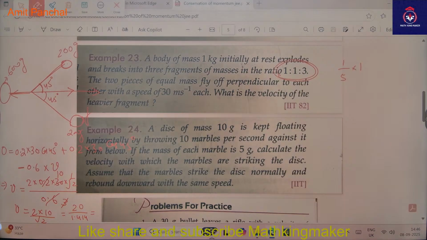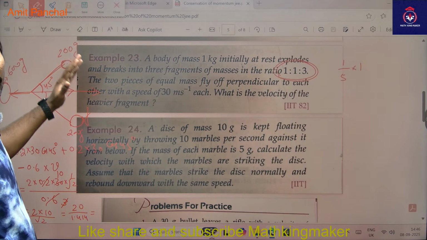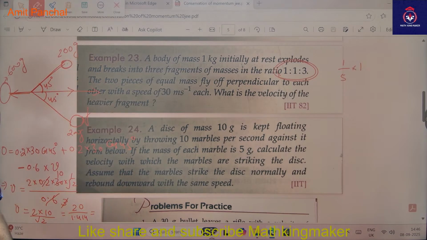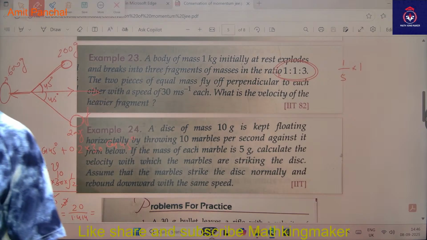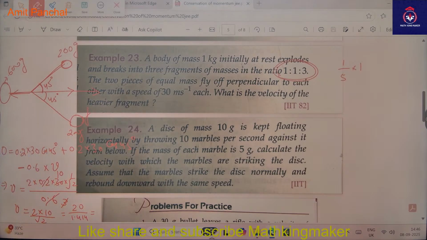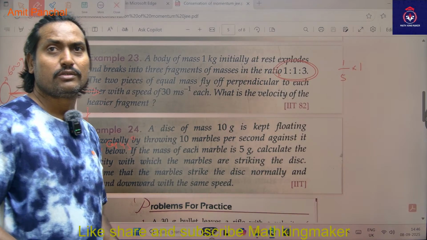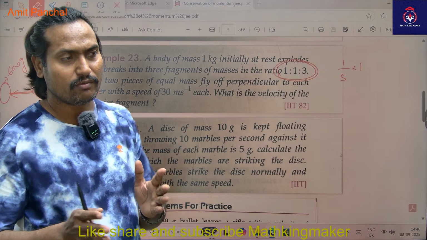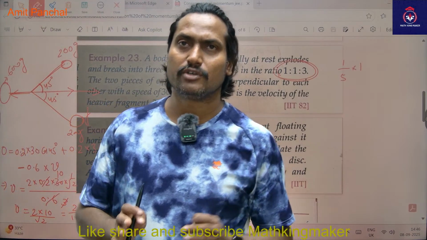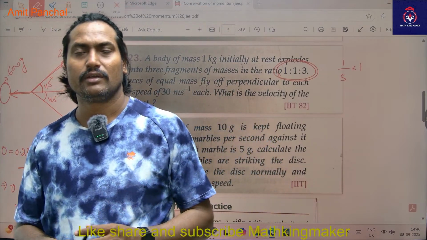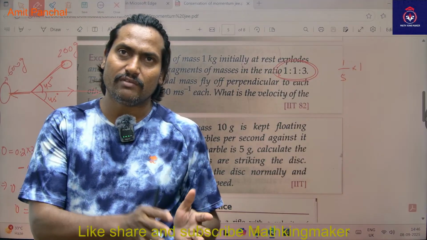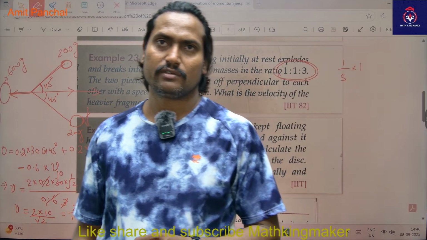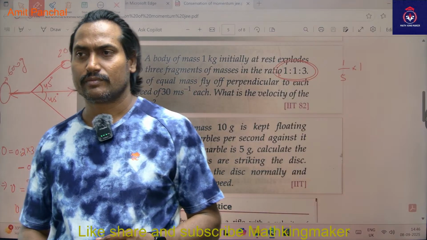Once they are not going horizontally, you will have to take components, because if you are talking about momentum, it will have two components, horizontal and vertical. Horizontal momentum is conserved with the horizontal one, and vertical with the vertical one. Got it now?